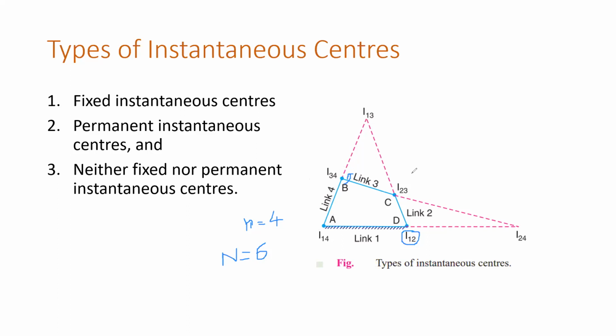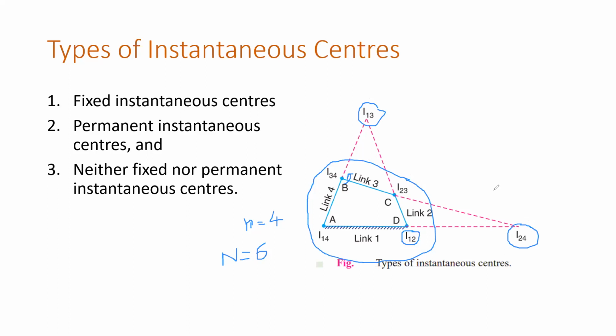So these 4 ICRs I could easily find. But to find ICR I13 and ICR I24, I need to follow some rules and do some geometrical construction.